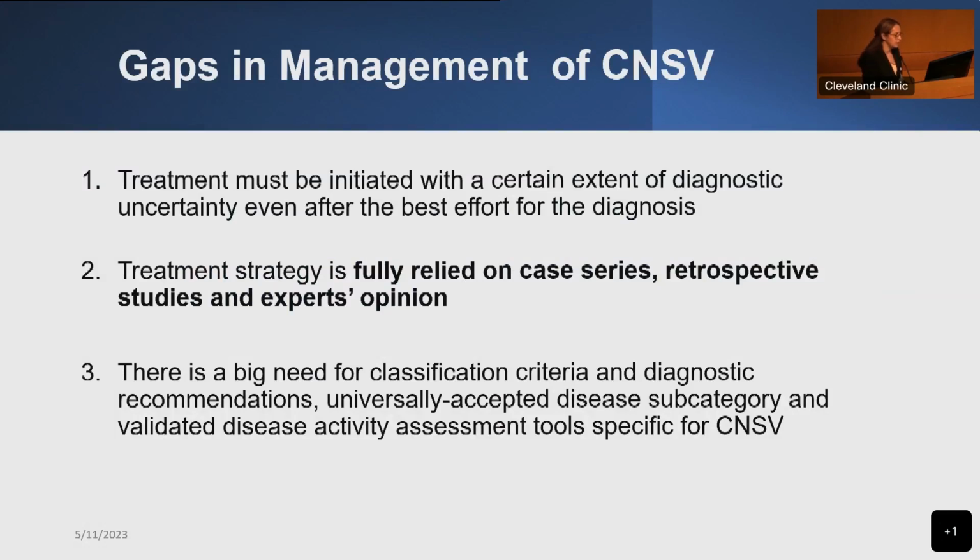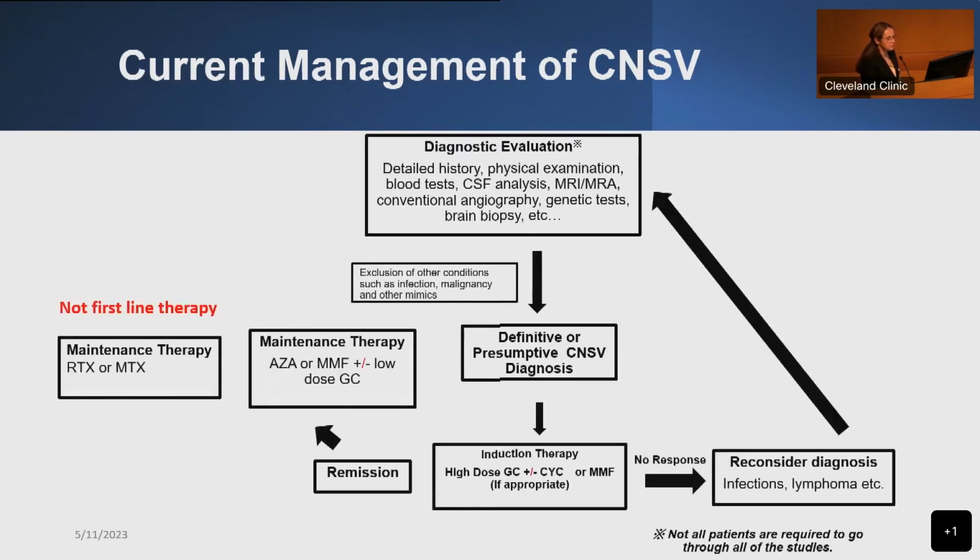And there's still a big need for classification criteria, diagnostic recommendations, and subcategories, as well as disease activity rules and tools. And there's a big international effort that is headed by our center to actually look at this gap in CNS vasculitis.